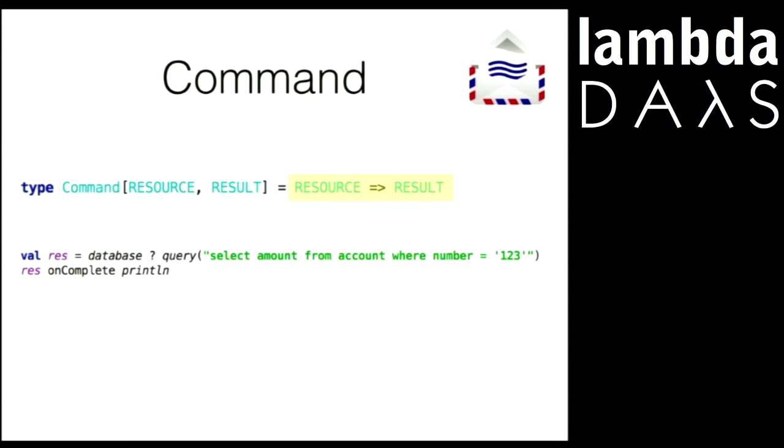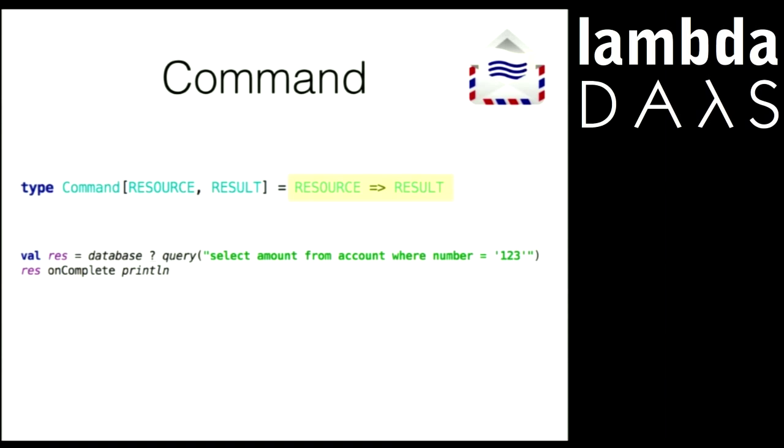So let's quickly look at what is sent over the wire. That message is actually a function. It's a function from resource to result. So the resource can be a database connection, a JDBC connection, it can be a JMS session, or some sort of object representing the connection to the resource. And the result is anything you want to return.